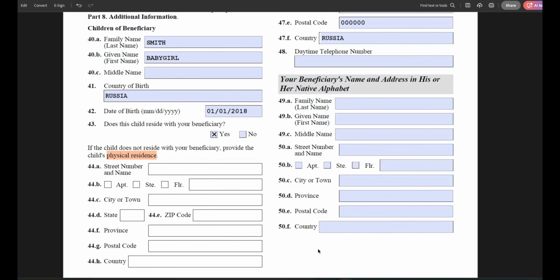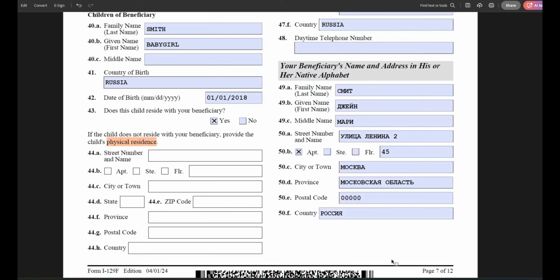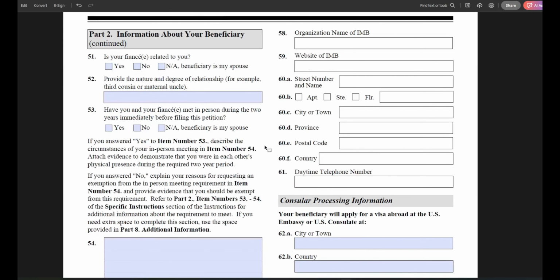But if your beneficiary comes from a country where their native alphabet is Cyrillic, Mandarin, Arabic, Japanese, then in that case, you will need to write in their native alphabet what their name and address would look like here. So once you've finished filling out this information in their native alphabet, you can go ahead and move on.